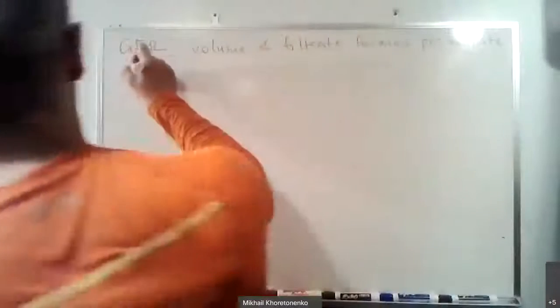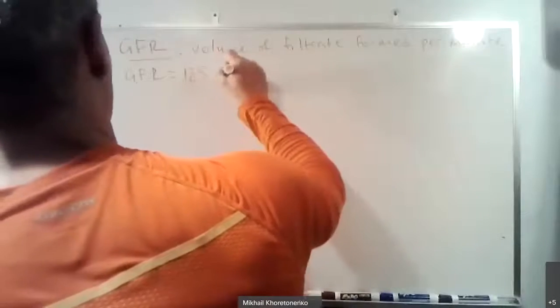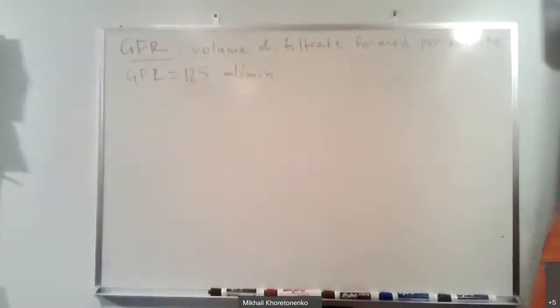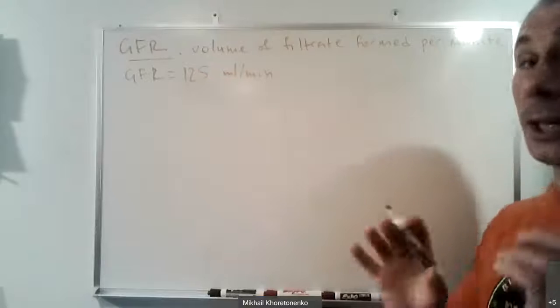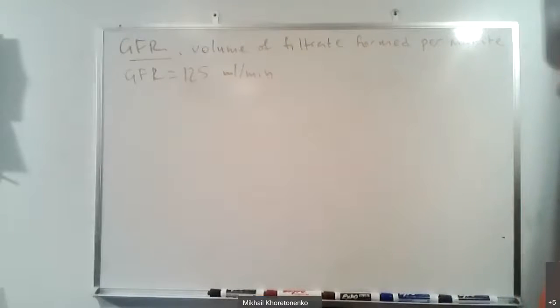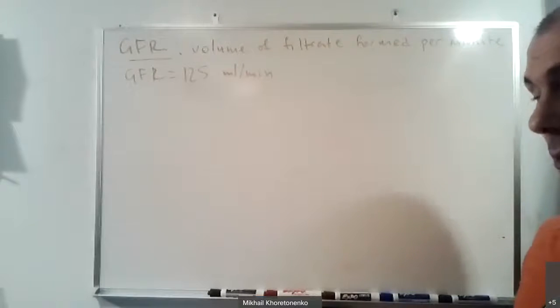Normal glomerular filtration rate is 125 mils per minute. You can probably figure out at this point that I'm not asking you to memorize this number. God forbid. Now, what does that mean, normal?